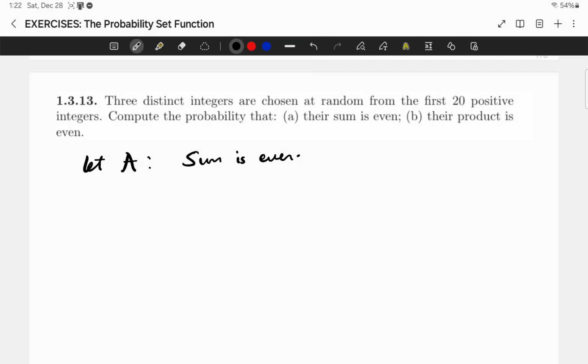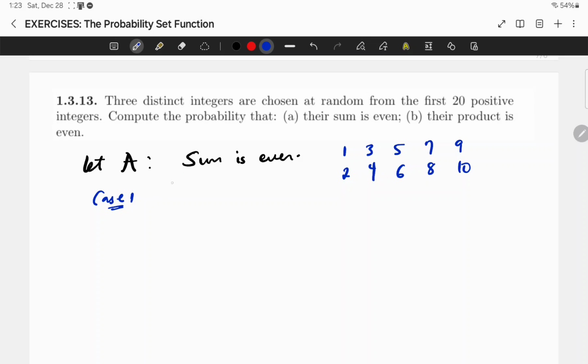We know that we have 1, 2, 3, 4, 5, 6, 7, 8, 9, 10. So for us to have a sum that will be even, case 1 means that the three integers we are going to add must be even numbers, for example 2 plus 4, 6, plus 6, that will be 12.